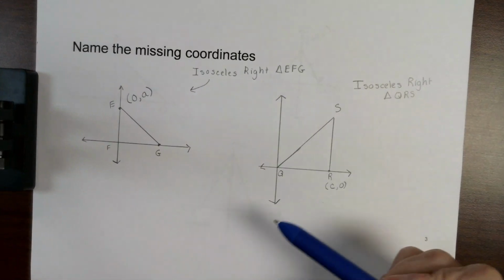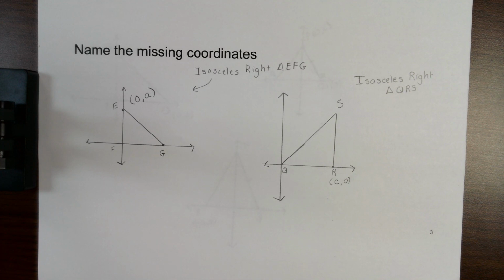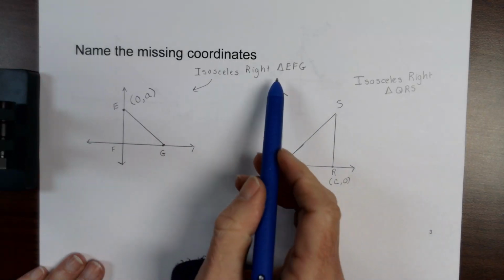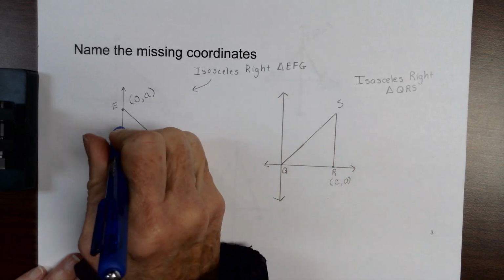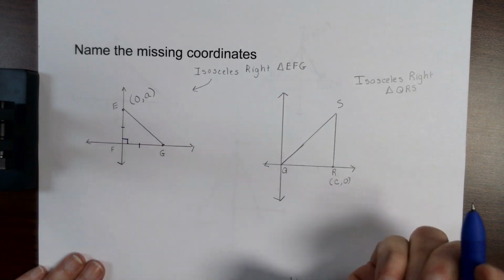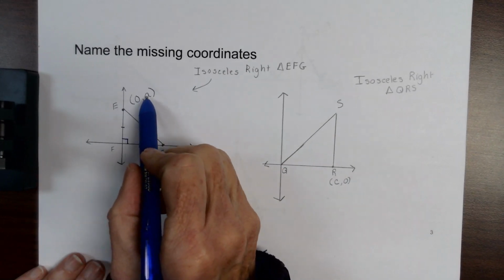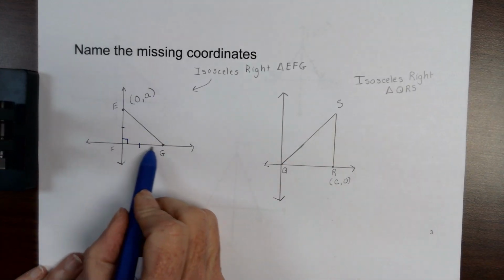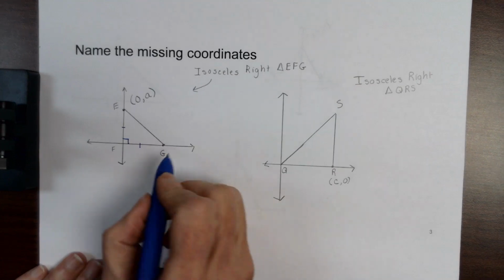A lot of times what they'll do is they'll put triangles on a coordinate plane, and you'll have to name the missing points based on the information they gave you. So they say that this is an isosceles triangle. It's an isosceles right triangle, so I'll put the right angle right there. Isosceles means that that side is going to be congruent to that side. I already know that this E value is 0, A. So this is A units up. So if it's an isosceles triangle, this should have to be A units over.